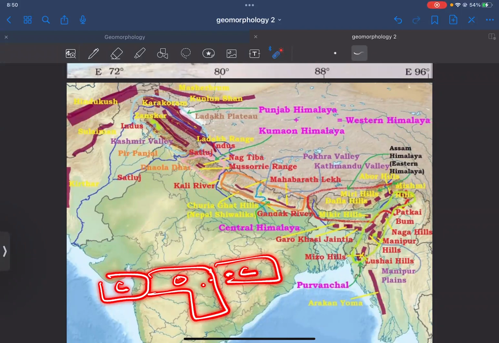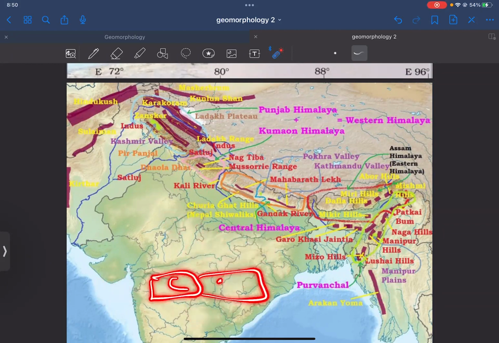So Trans Himalayas are the Karakoram range, Ladakh range, and Zaskar range. Only then the whole oceanic plate went, and there was formation of the Suture zone, the Indus Sangpo zone, and then continent-continent convergence, and the rest of the Himalayas were formed: Greater Himalaya, Middle Himalaya, Outer Himalaya. Keep this in mind: Karakoram range, Ladakh range, Zaskar range.